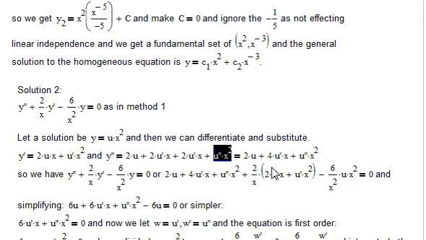And simplifying all that, we come up with 2u plus 4u prime x plus u double prime x squared, right? That's from adding this one and this one together.